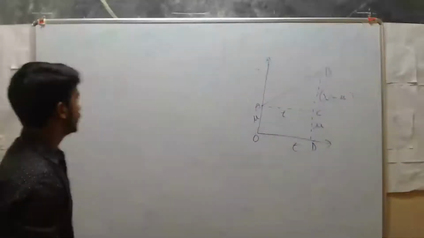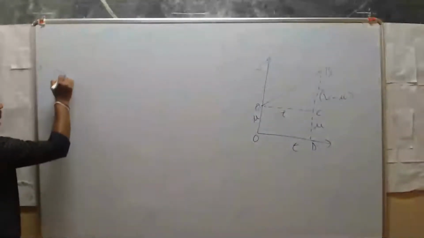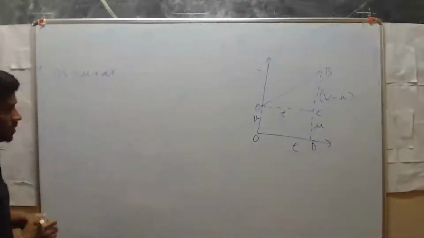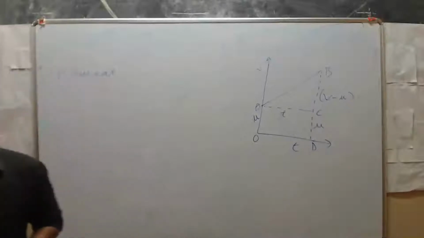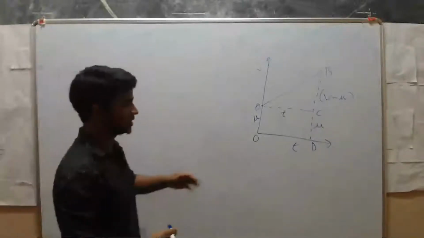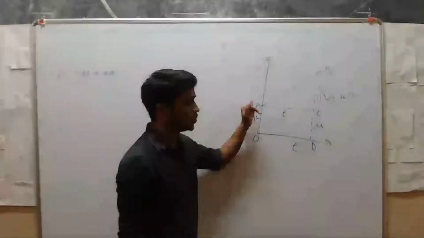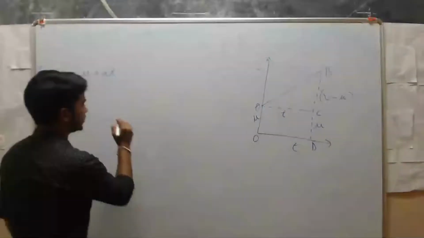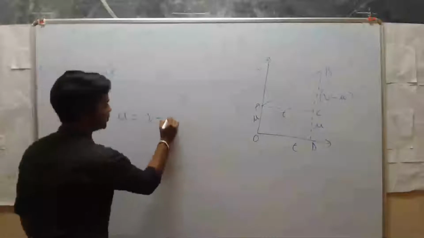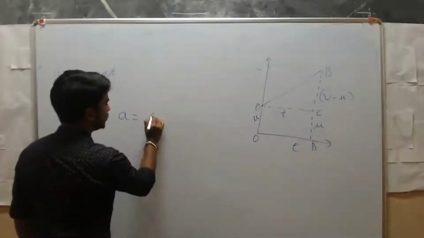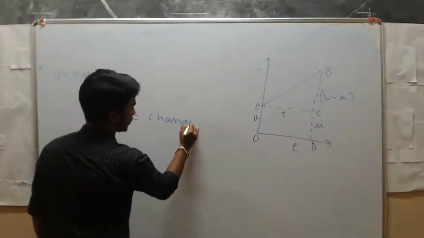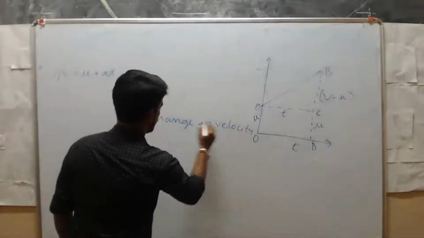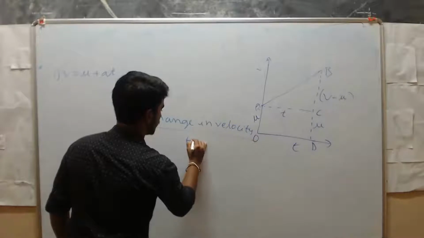First, we have proved the first equation of motion, that is v equals u plus at. Here we have considered the definition of acceleration, because the object changed its velocity from u to v in a given time t. So acceleration equals change in velocity divided by time taken.